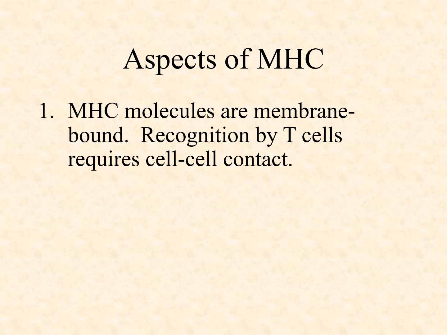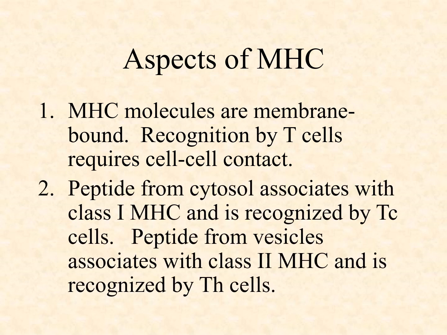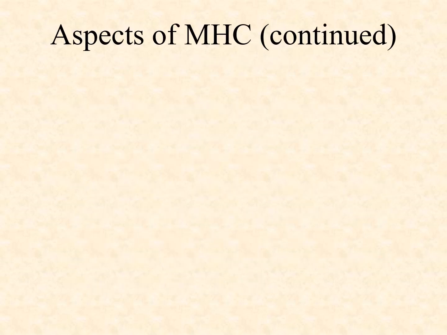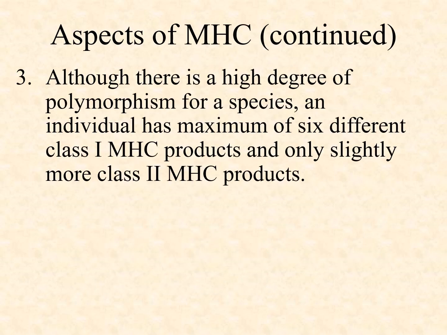Aspects of major histocompatibility. Major histocompatibility molecules are membrane bound. Recognition by T cells requires cell-cell contact. Peptide from the cytosol associated with class 1 is recognized by TC cells. Peptide from vesicles associated with class 2 is recognized by TH cells.